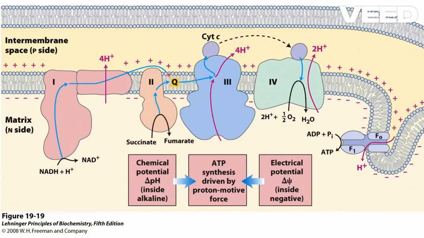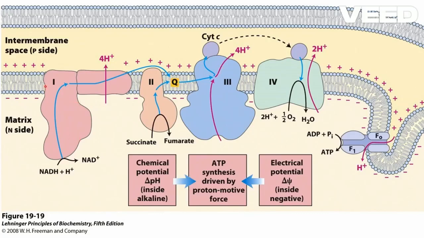As we said, ubiquinone is a very important part of the electron transport chain. This is a hydrophobic molecule which can travel within the inner mitochondrial membrane, which gives it the ability to collect electrons from both complex 1 and complex 2 and transfer them to complex 3.